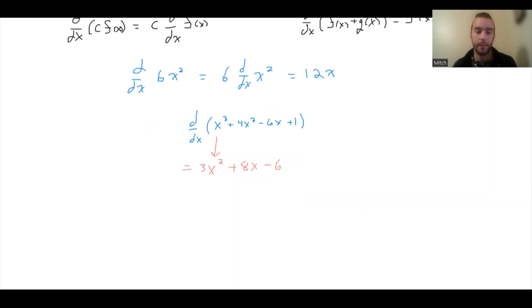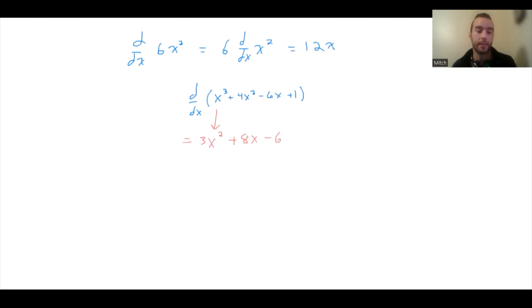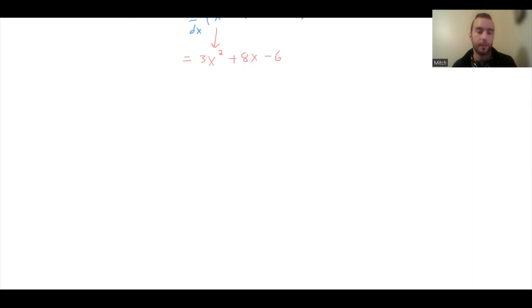So yeah. The next thing we're going to look at is the trig functions. There are really only 2 that you need to fully commit to memory.